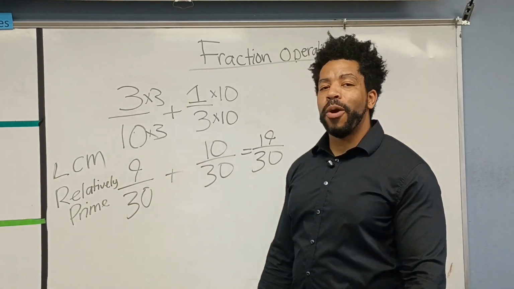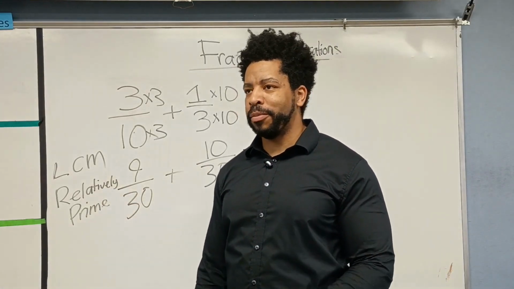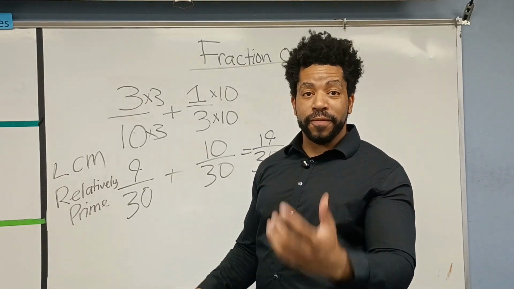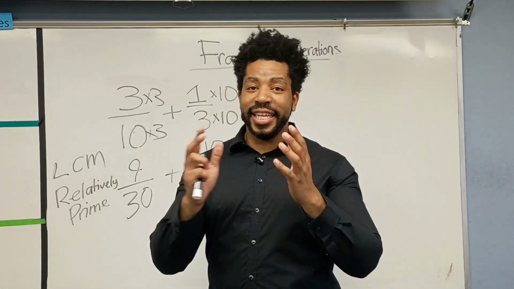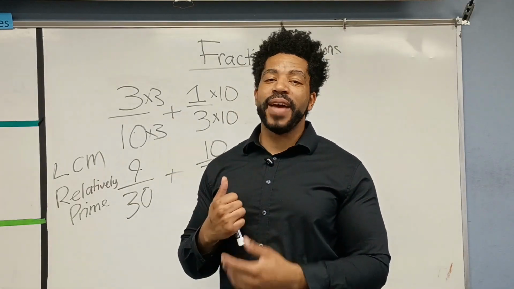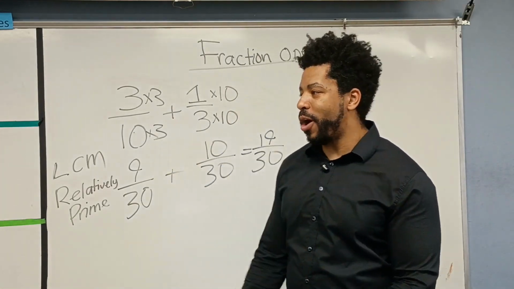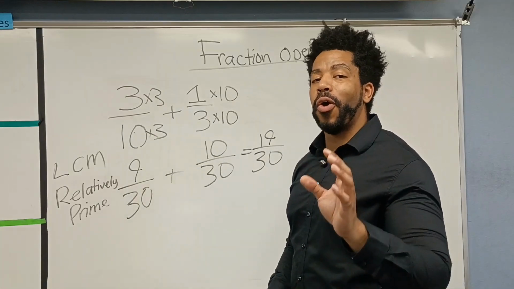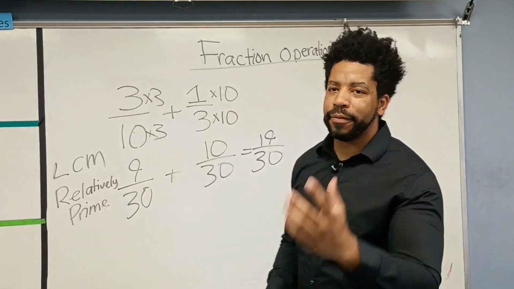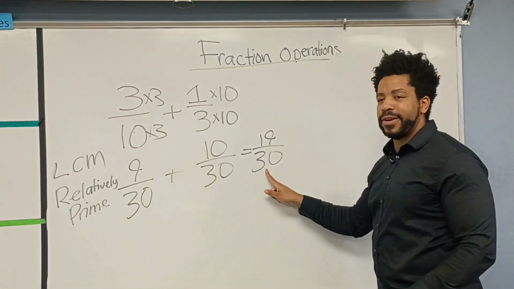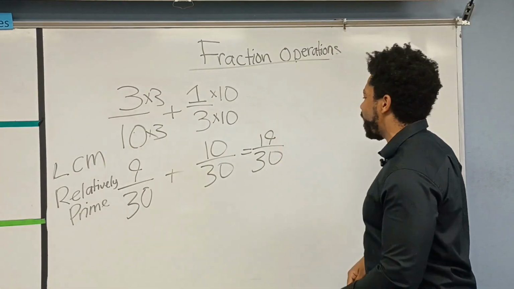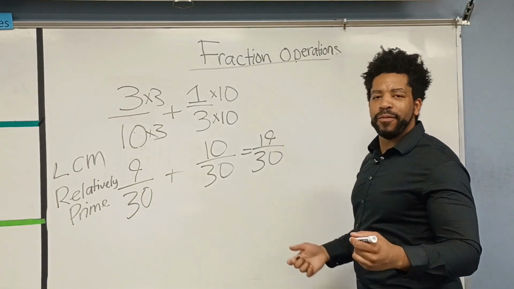Okay, so here's what we know a prime number to be. The only things that are factors of this number are itself and 1. For example, the factors of 5 are 5 and 1. There's no other whole number that you can use to make the number. 19 and 30, there's nothing that they can both be divided by in order to see if we can simplify it further.